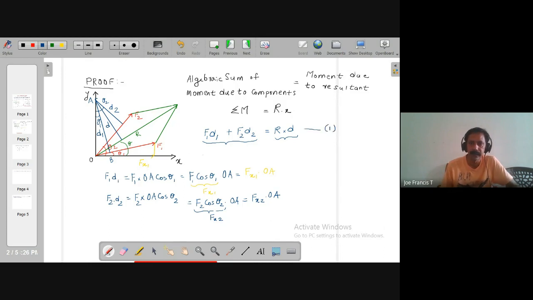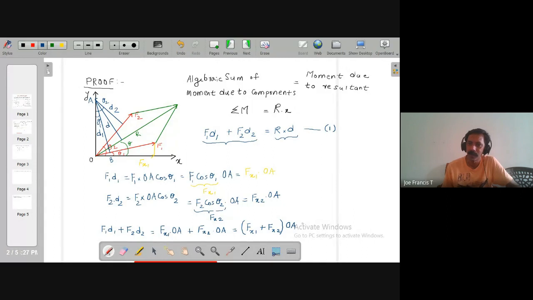If you look at the left hand side, you can write F1 d1 plus F2 d2 as Fx1 into OA plus Fx2 into OA, or if you take the common factor out, you can write it as Fx1 plus Fx2 into OA.